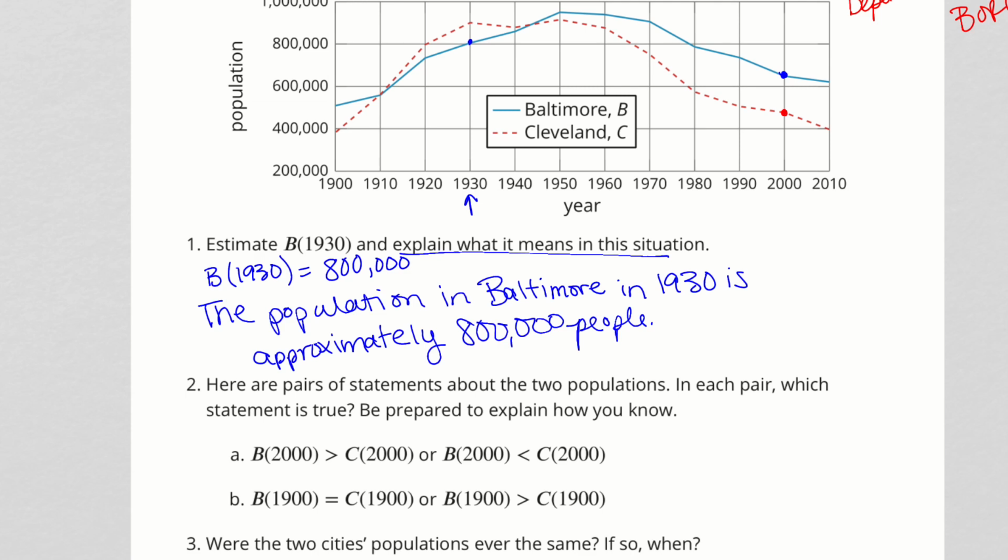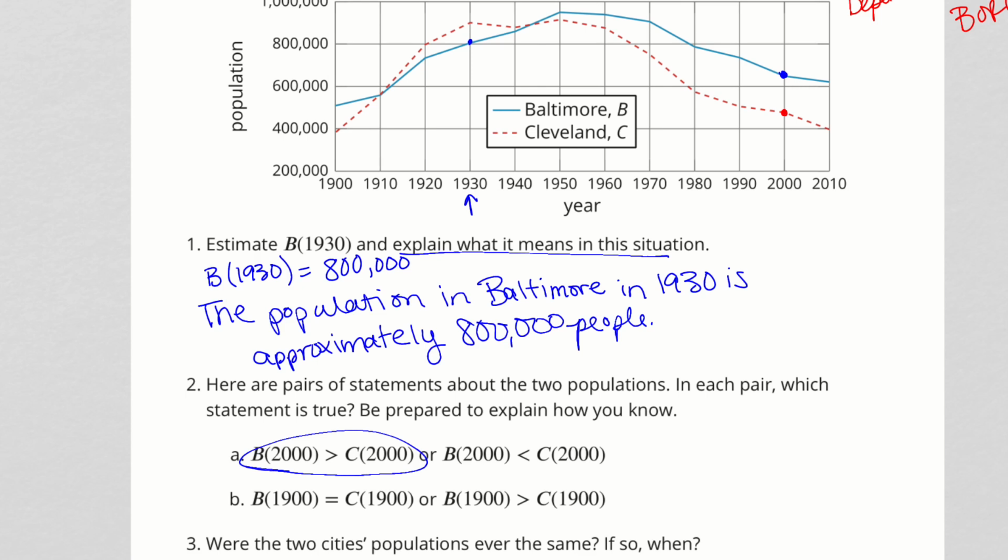Is the population of Baltimore greater than or less than Cleveland, according to this graph, in the year 2000? Greater than. Because our population is up here, it's going to be more.